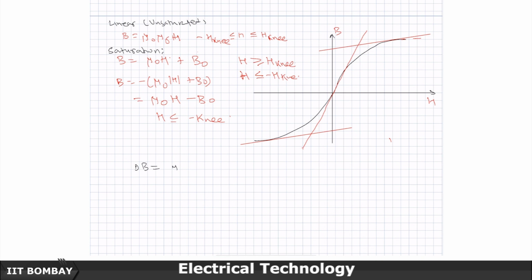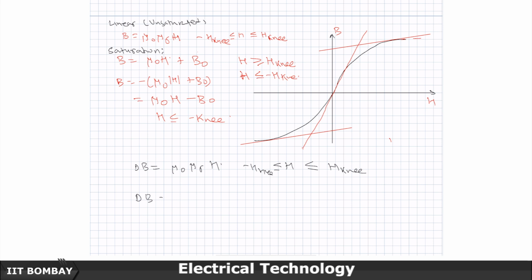Now, in the unsaturated region, when I take delta on this equation, I get delta B equal to mu 0 mu r H, where H is between H knee and minus H knee.